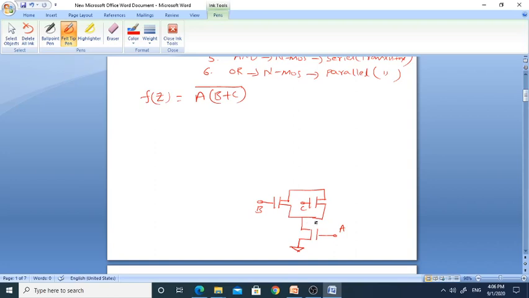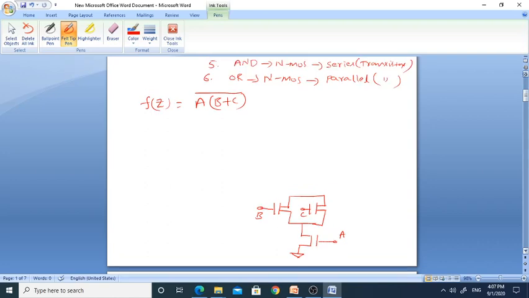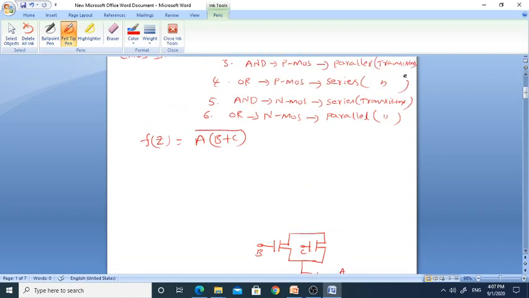So the pull-down NMOS transistor connection is over. Now we go for the PMOS. In the PMOS implementation of the OR gate, the transistors are in series.